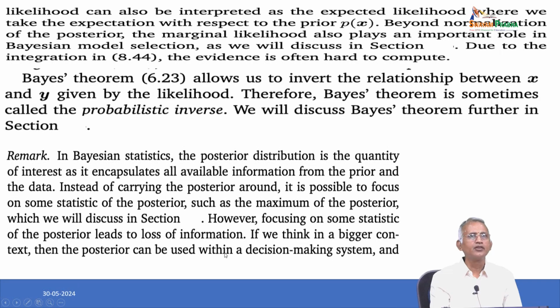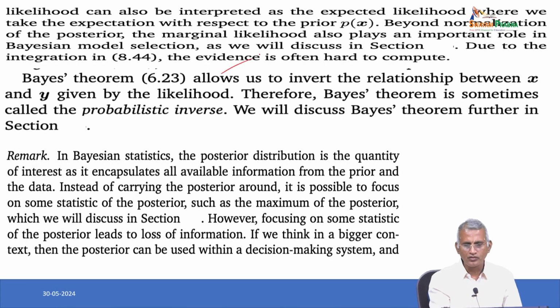The marginal likelihood can also be interpreted as the expected likelihood, where we take the expectation with respect to the prior P(x). Beyond the normalization of the posterior, the marginal likelihood also plays an important role in Bayesian model selection. We will discuss this, since the integration of the evidence is often hard to compute.